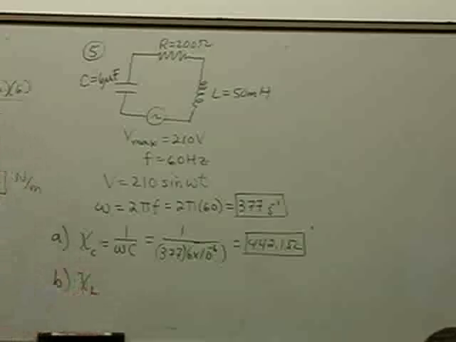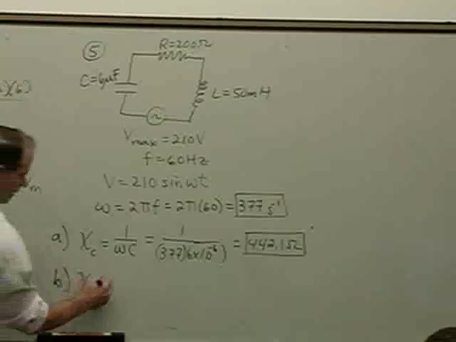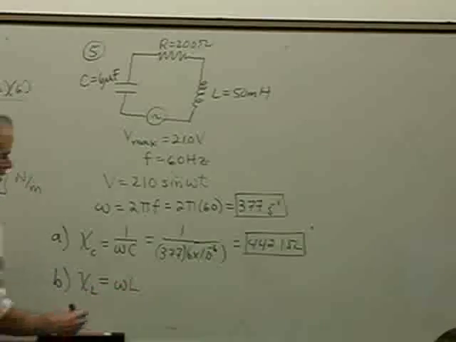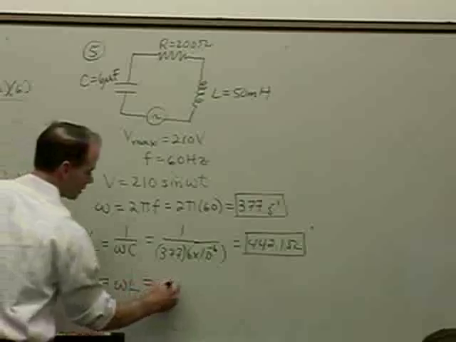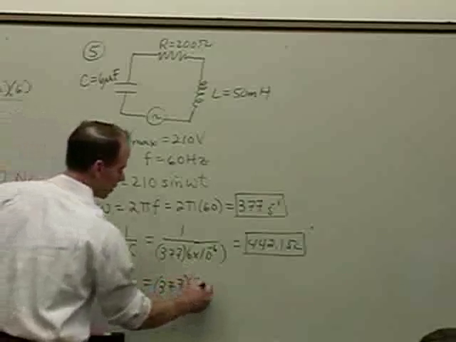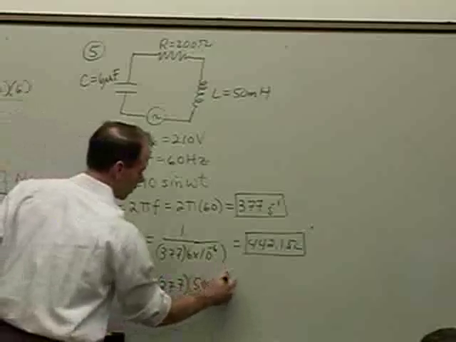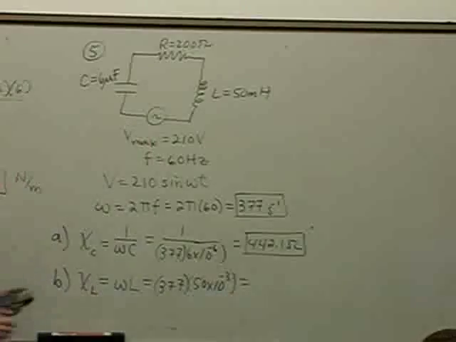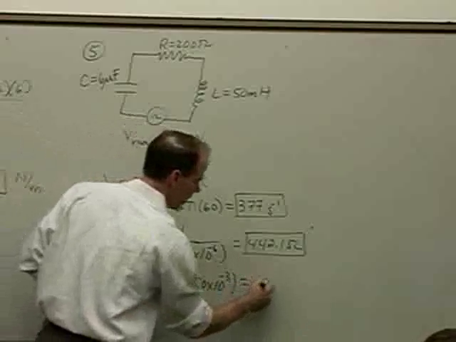What is the inductive reactance? That by definition is angular frequency times inductance, L. So that'll be 377 times 50 millihenries. And if I do that, I get 18.85, about 18.9 ohms.